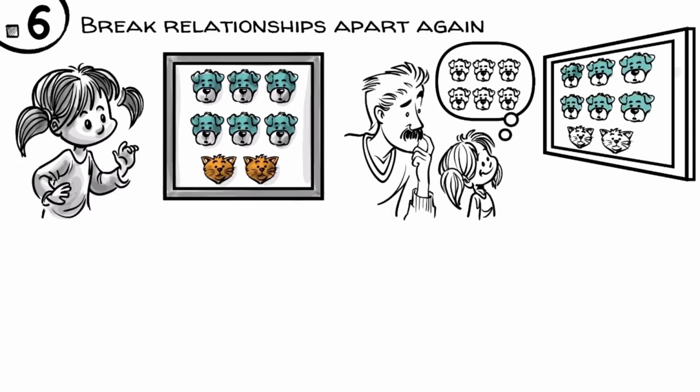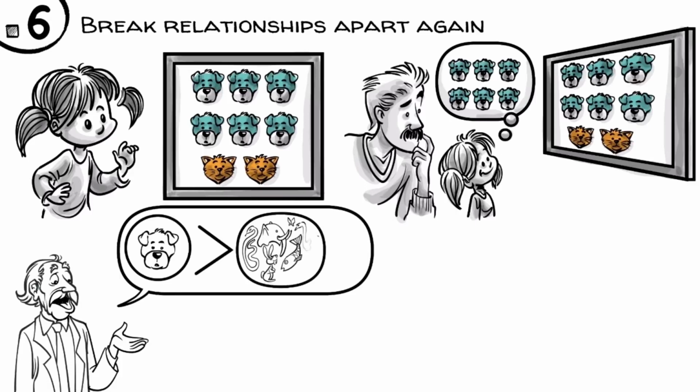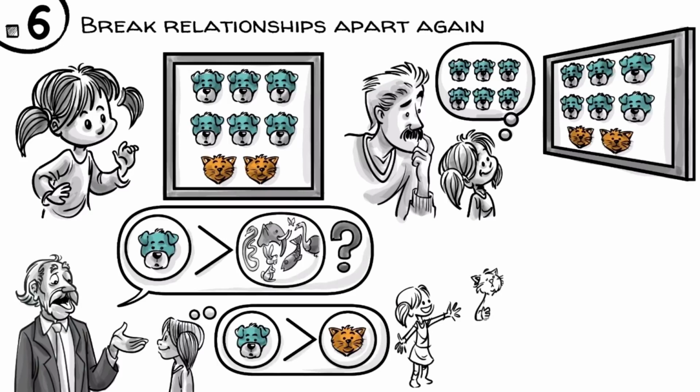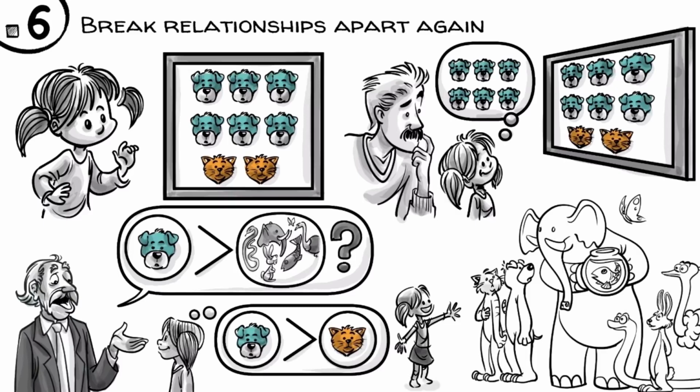When you ask further, more dogs than what? The child replies, than cats. In other words, if you ask, are there more dogs or more animals, the child hears, are there more dogs or more cats? At age 5, most kids didn't practice enough math to break hierarchical relationships apart while still remembering the whole.